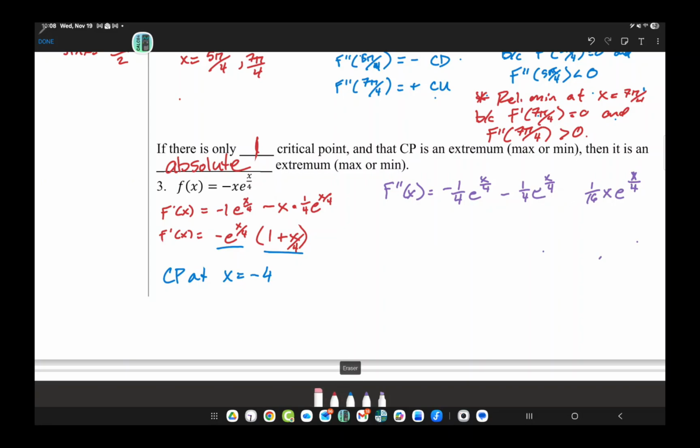There's a mistake. It should be negative.